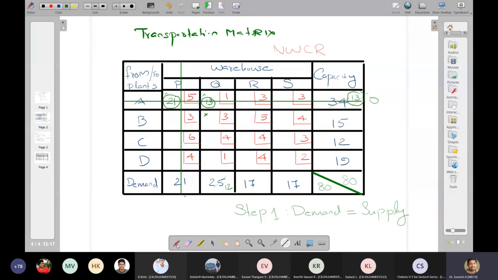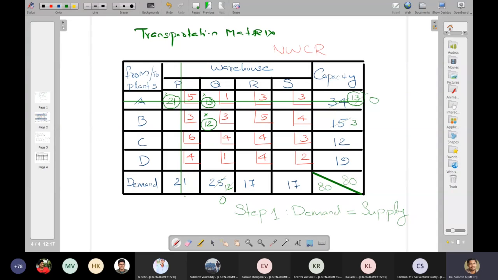So I will allocate the balance 12 over here. This 12 turns to 0, and a balance of 3 will come. Now this particular column will get eliminated.